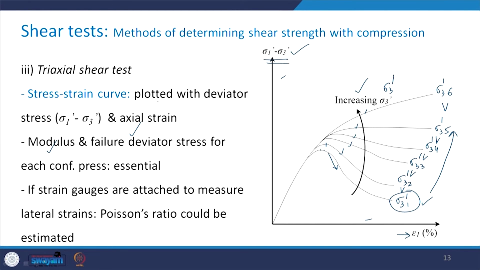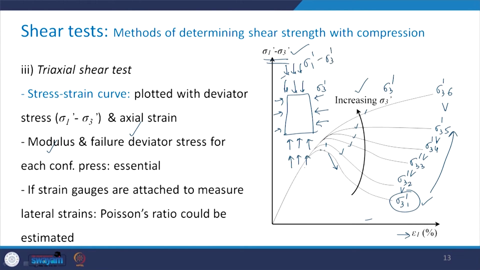Now, in case the strain gauges are also attached in the lateral direction, so you see that this is the specimen. Okay, you have the all around confining pressure first. So, this is your sigma 3, and then we increase the axial stress, which is sigma 1 prime minus sigma 3 prime.